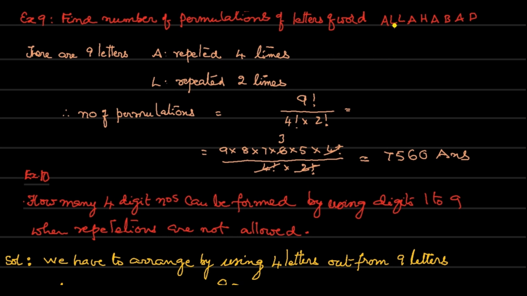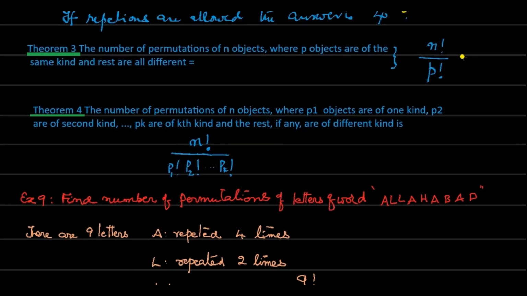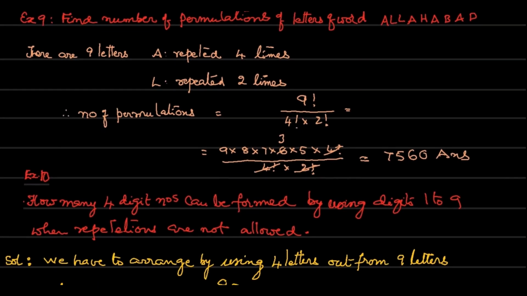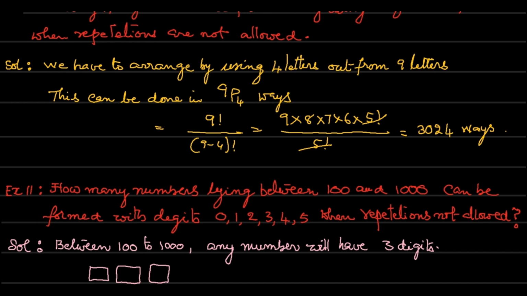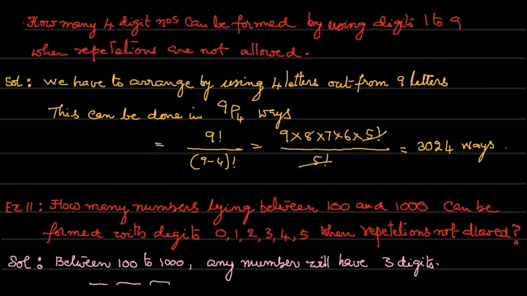L's, 2 L's. So the number of permutations, according to this theorem, is factorial 9 by factorial 4 times factorial 2. The answer is this. We use a calculator, but you don't use a calculator. I am using a calculator here.